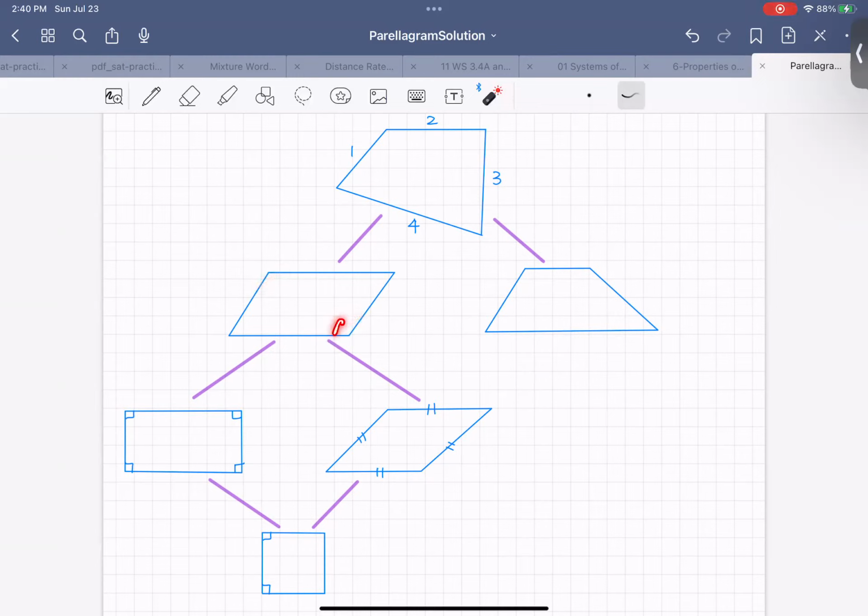If this is 90 degrees, then this will also be 90, correct? Yes. And this is supplementary to each other, so this is also 90, yes? Yes. And this will be 90 also. All four together is 360. So in a parallelogram, if you have one angle to be 90, then all of them will be 90, okay?